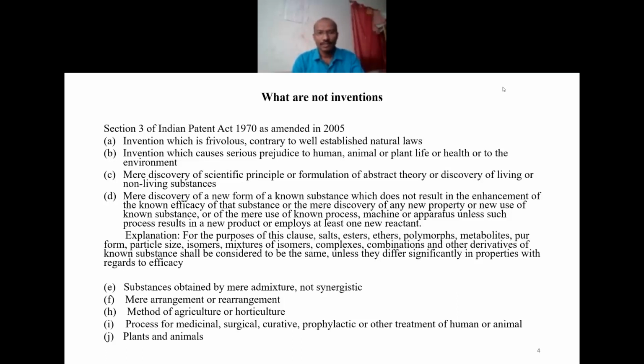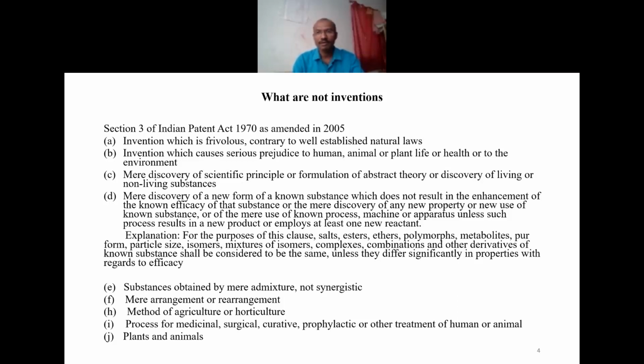An invention which is frivolous or contrary to well-established natural laws, an invention which causes serious prejudice to human, animal, or plant life or health, or which causes prejudice to the environment, the mere discovery of a scientific principle or formulation of an abstract theory or discovery of living or non-living substances is not patentable.